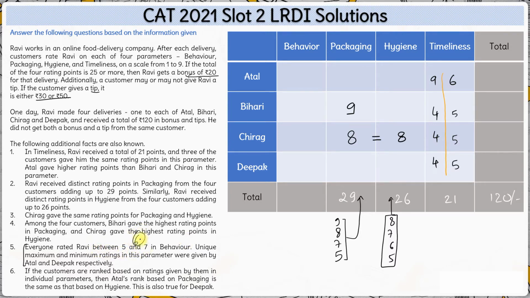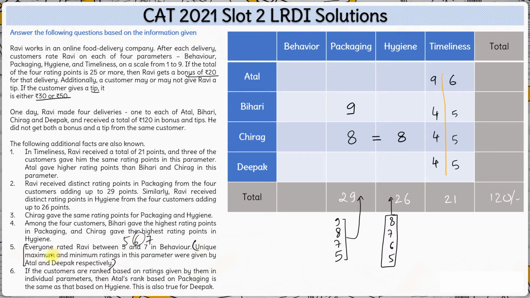So do we consider only 6 or do we consider 5, 6 and 7? This particular statement makes it very clear. The maximum and the minimum rating are unique ratings in this parameter, right? So obviously you will need at least 3 rating points for behavior, and those 3 rating points are 5, 6 and 7.